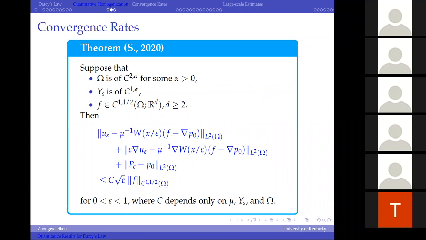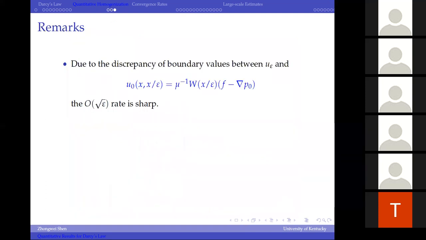Later on, we'll mention some results on the regularity problems. Okay. Before we get to that, I want to remark that first of all, the square root rate is the best you can do.